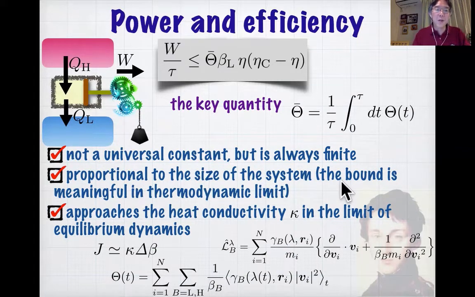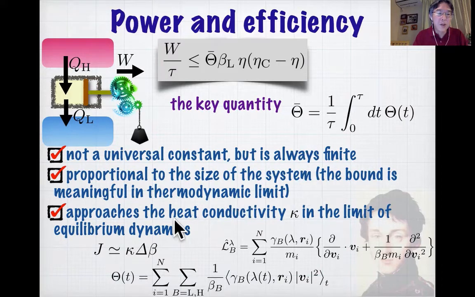So it means, if the heat mass and the engine is just connected by boundary area, then theta bar is proportional to the size of the boundary. So anyway, I want to stress that this theta bar is a very physically natural quantity. So our bound is meaningful also in thermodynamic limits.